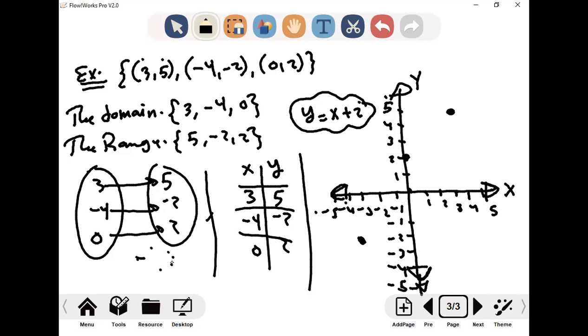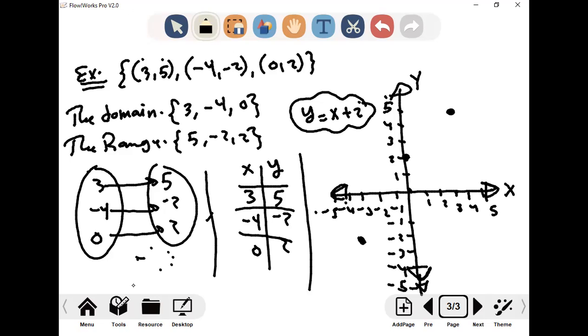Add 2 to the 3. The table, see the table? What's the first x? Add 2. What's the 5? Look at the table. See this table? Look at the table.